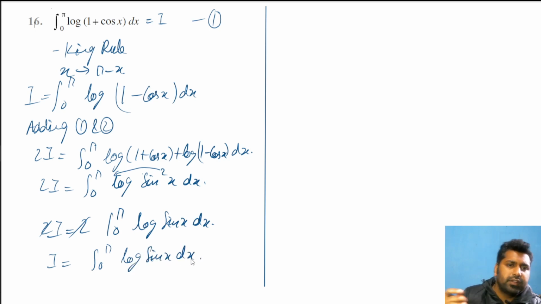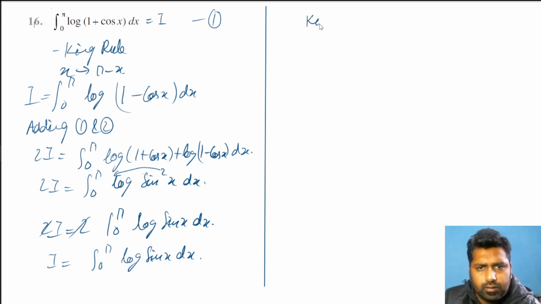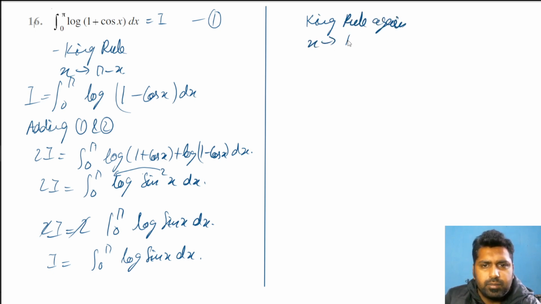So far we haven't even started with the real part of the question. We just adjusted it. Again, we cannot see anything, so what we'll do, apply the King rule again, replacing x with again pi minus x.